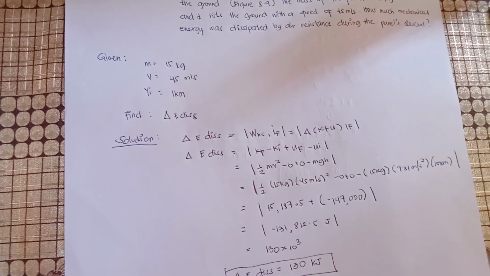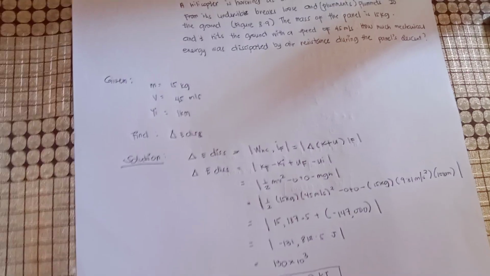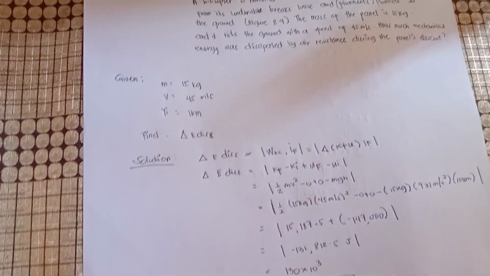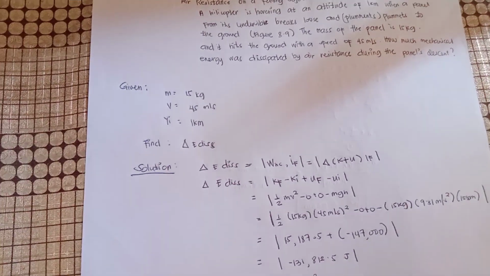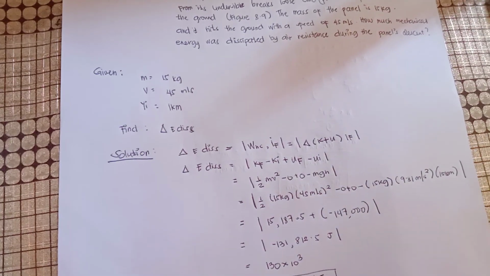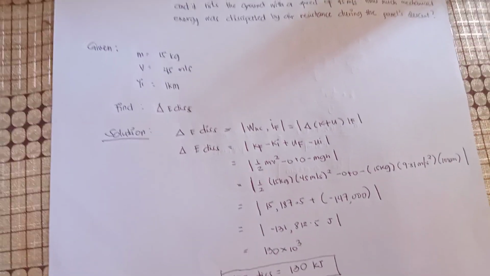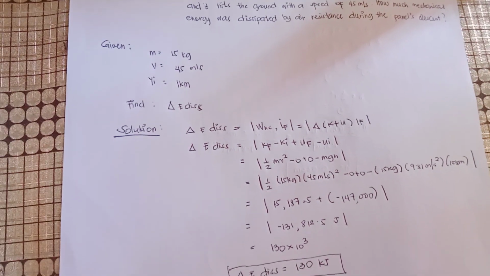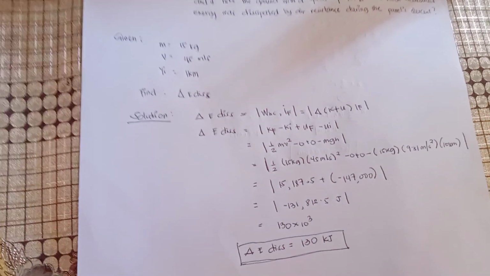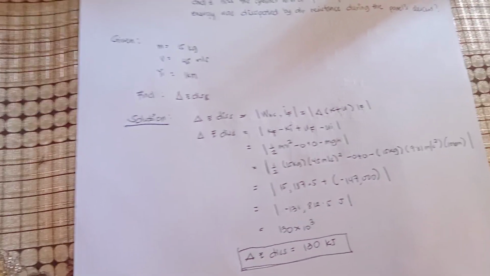The given is mass, which equals 15 kg. For our velocity, it equals 45 meter per second. And yi, or our height, is 1 kilometer. So, finding the energy dissipated.